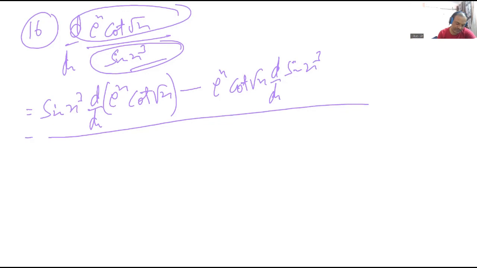Okay, now here I have to put sine x cube whole square in the denominator.